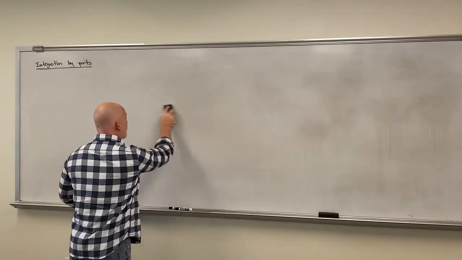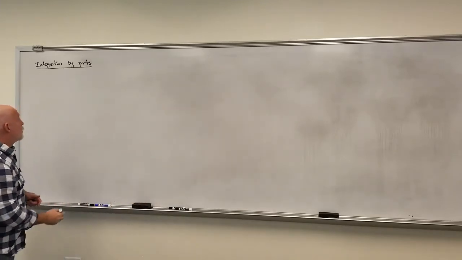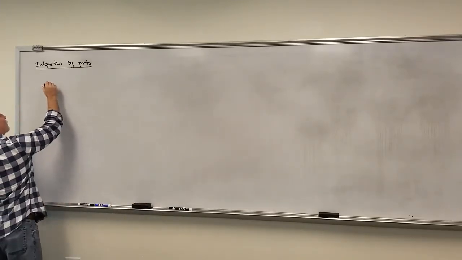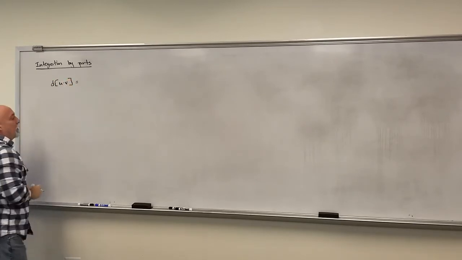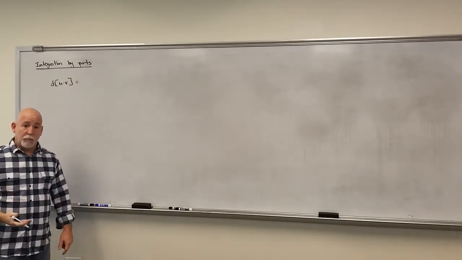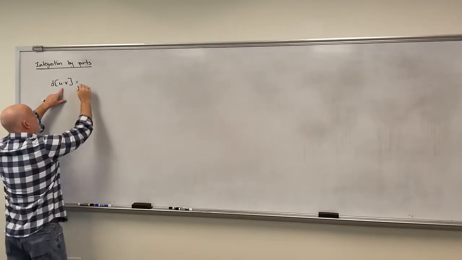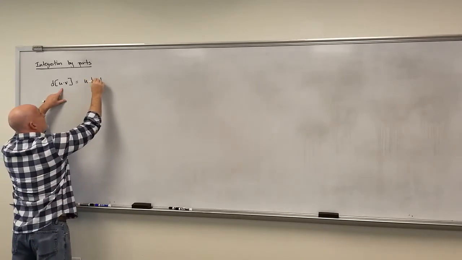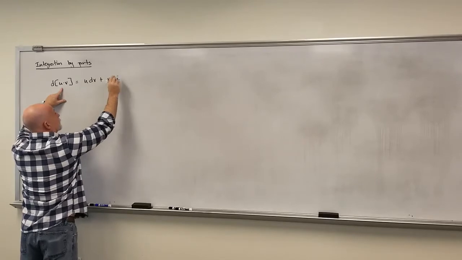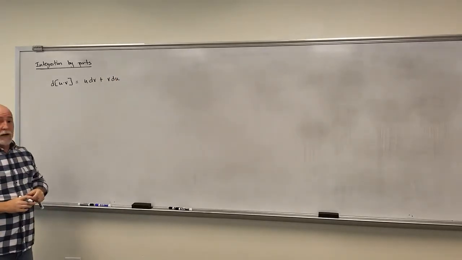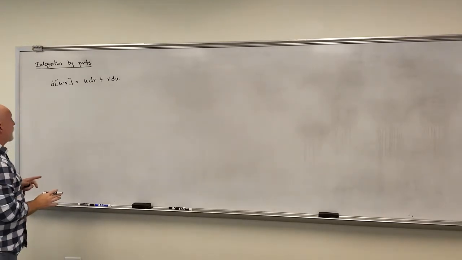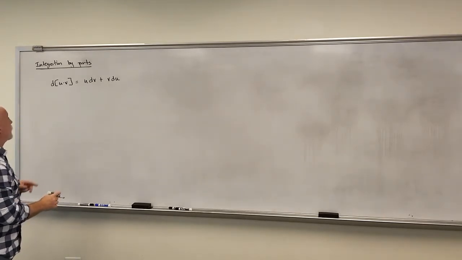Now, integration by parts comes from this idea. I'm going to do this in differential notation, the derivative of two functions multiplied together. Now, this would be our product rule. So it'd be kind of like u times the derivative of v plus v times the derivative of u. Now, I'm going to rearrange this just a little bit, just so you can kind of see this.